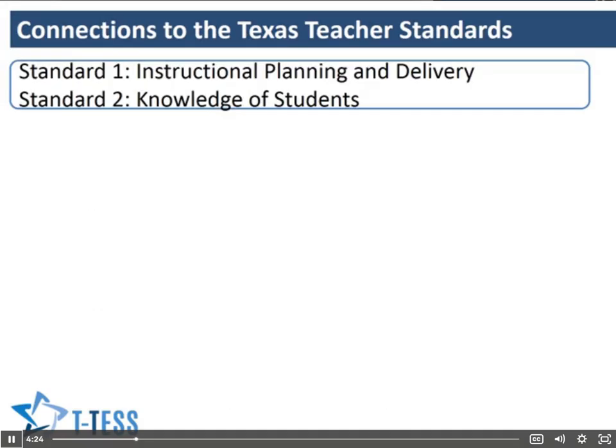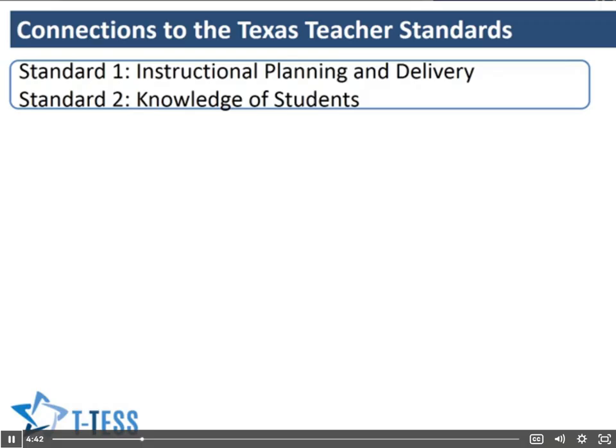Let's now look at the connections to the Texas Teacher Standards as noted in Texas Administrative Code, Chapter 149.1001. Differentiation connects specifically to Standard 1, Instructional Planning and Delivery, and Standard 2, Knowledge of Students.